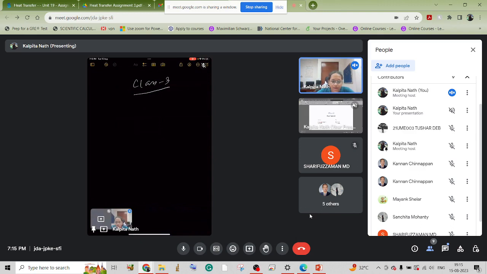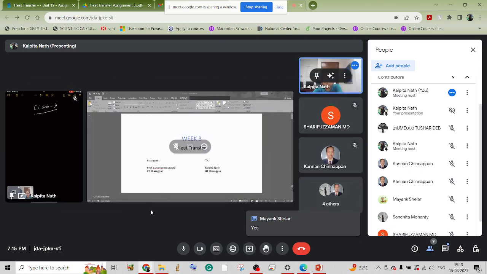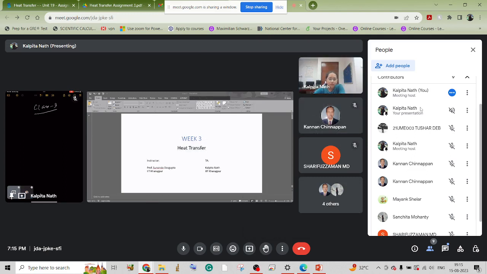Both of the screens are visible. Yes, both are visible. One is the presentation slides and another is the notebook where I'll be explaining.